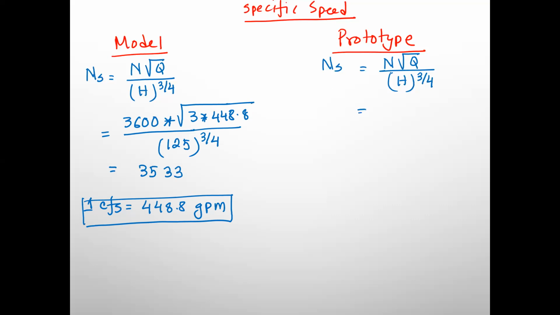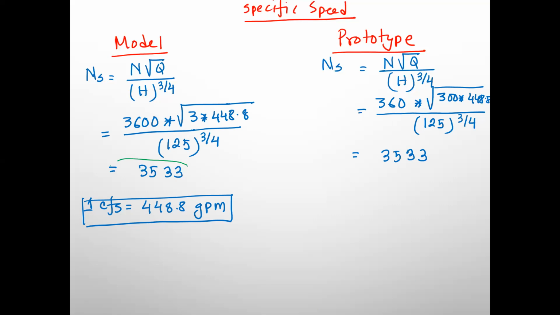3533. Now here the speed was 360 and the Q was 300 multiplied by this one, and the H was, and if you do the calculation, you will get the same number, 3533. Now if you look at that, they have the same specific speed.